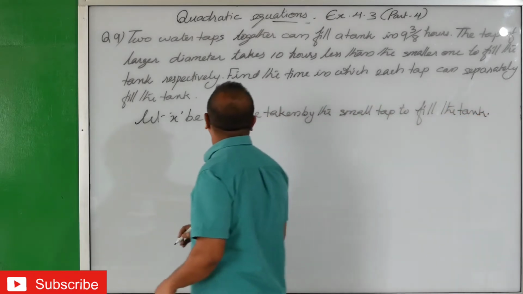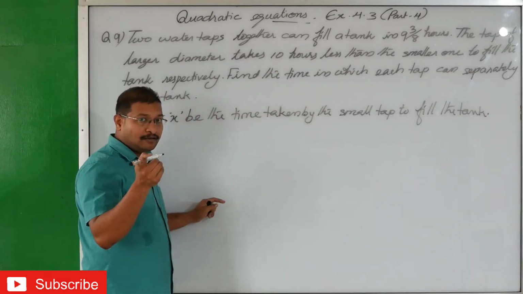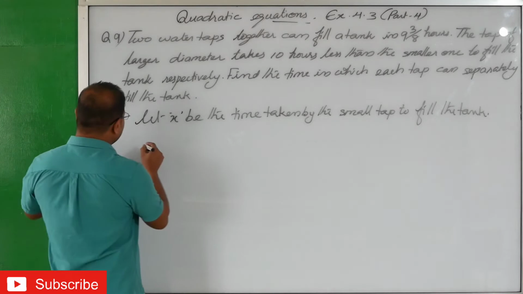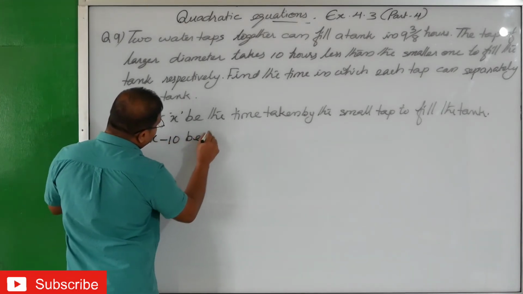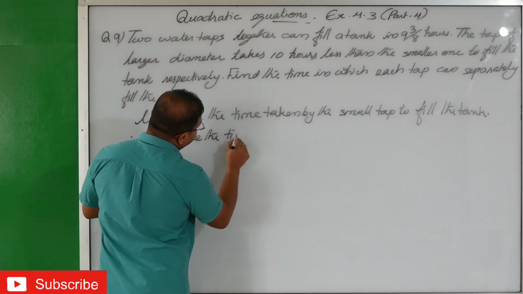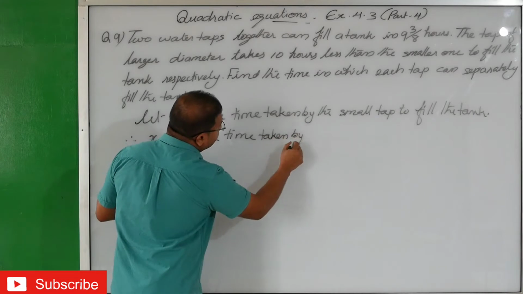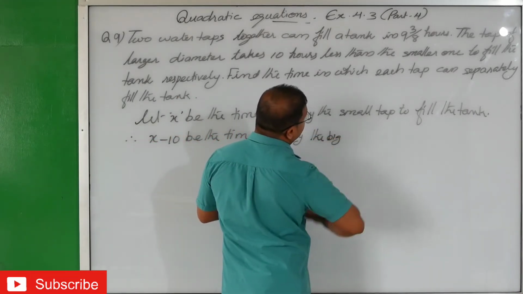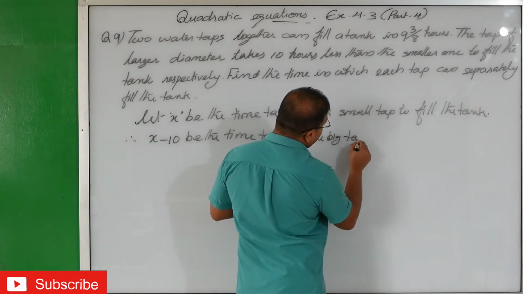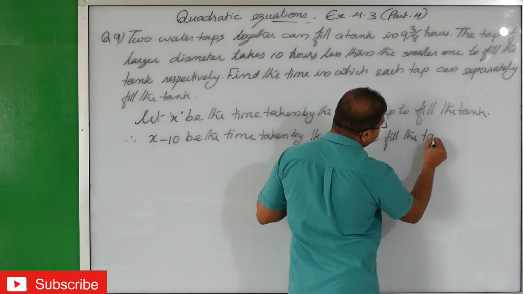Now, what will you write? They have given that 10 hours less will be taken by the bigger tap. Therefore, x minus 10 be the time taken by the big tap to fill the tank.